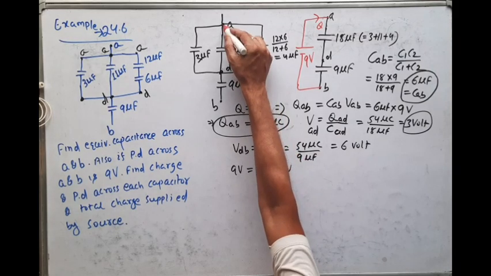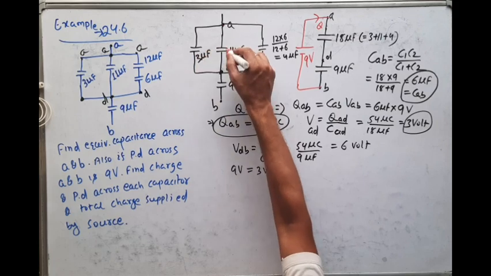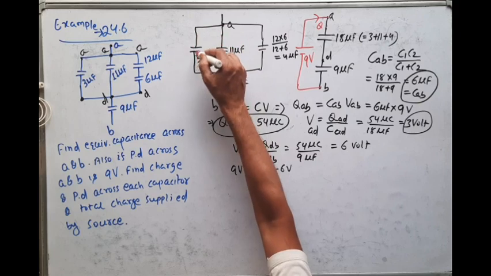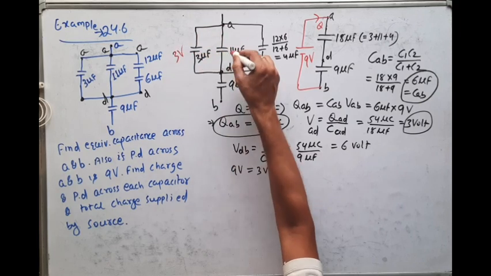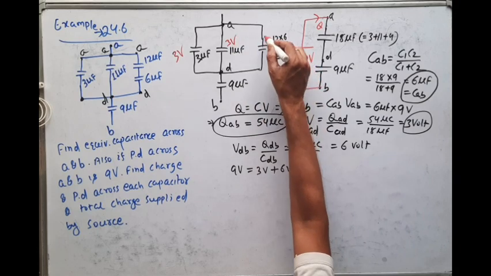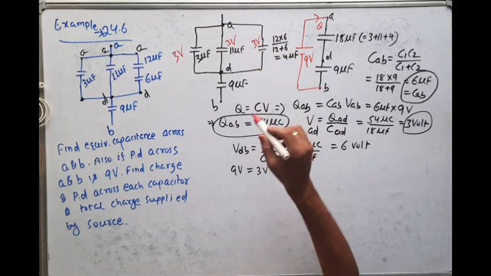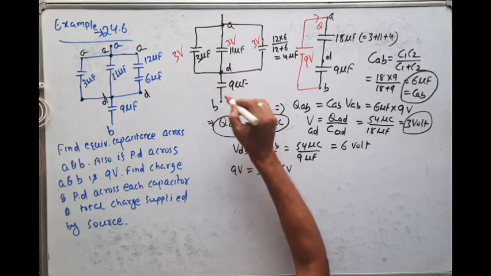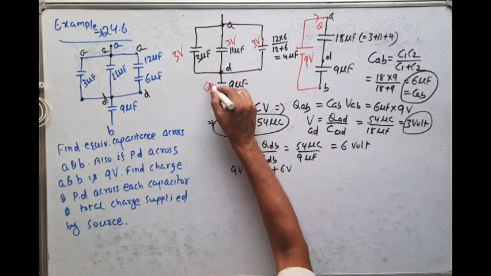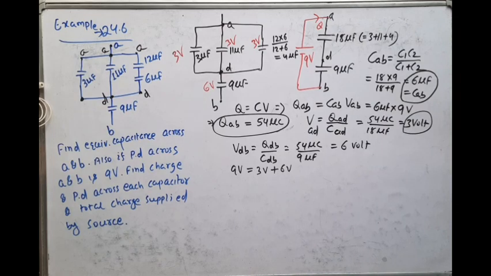That means across A and D, this is one path, this is second path, this is third path. So we can say voltage across this capacitor is equal to 3 volt. Voltage across this capacitor is also 3 volt. Voltage across this capacitor is also 3 volt. And what is voltage across DB? Voltage across DB is equal to 6 volt. That means voltage across this capacitor is 6 volt.